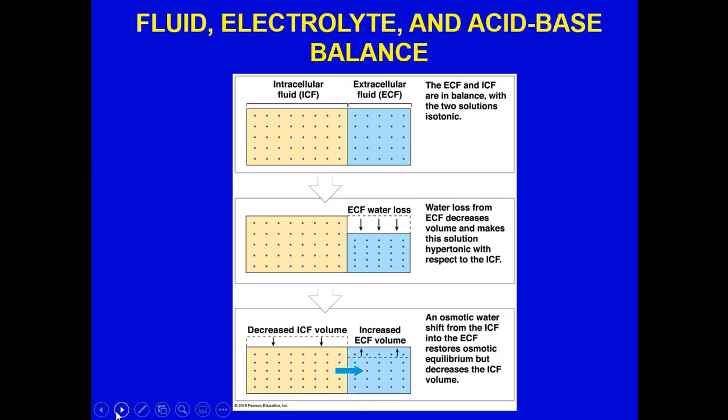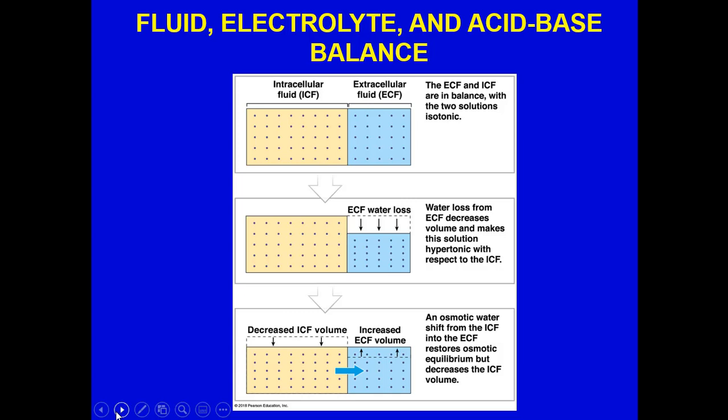Now, keep in mind you can see where these ICF and ECF chambers are. If you end up having water loss from the ECF, this is the situation you're going to have: transference from ICF to ECF. Now, if you're getting that kind of mixed up, think about it this way.